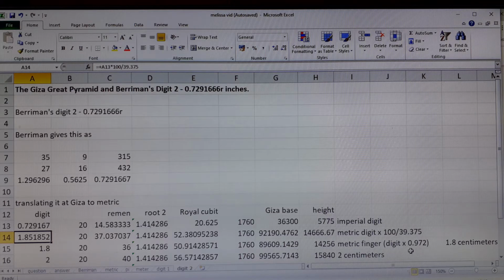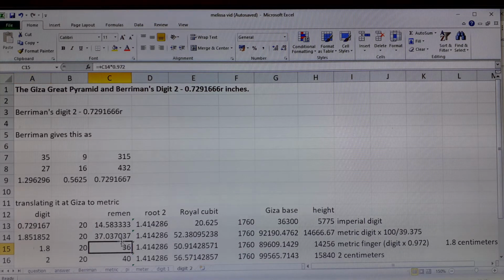So we multiply the digit by 0.972 to get the finger. And the finger then becomes 1.8 centimetres. And now we've got some nice round numbers. We find the Riemann becomes 36 centimetres in this case. And the Giza height falls to 14256.